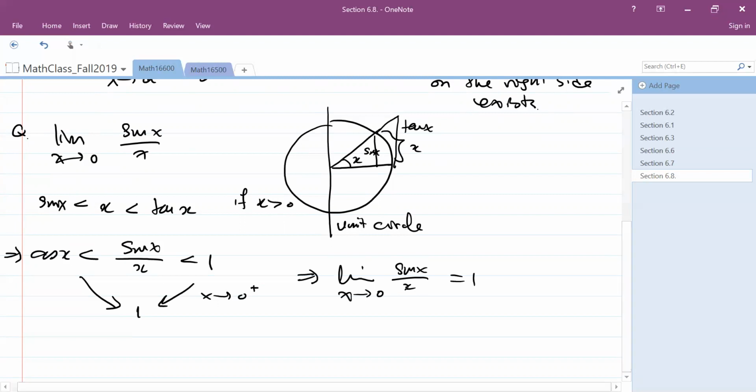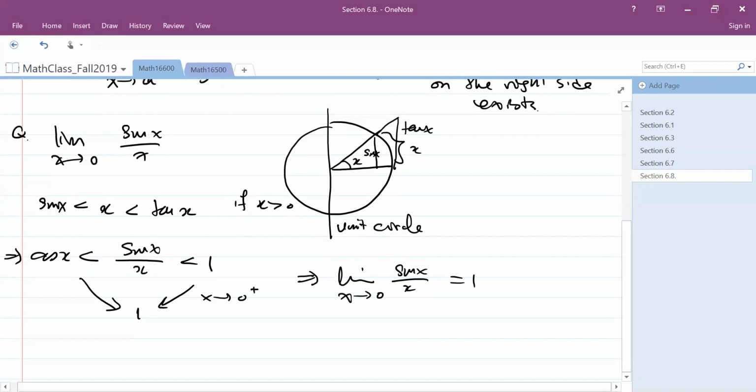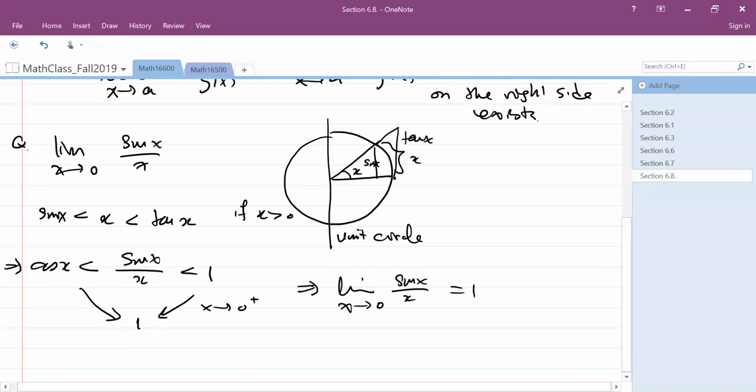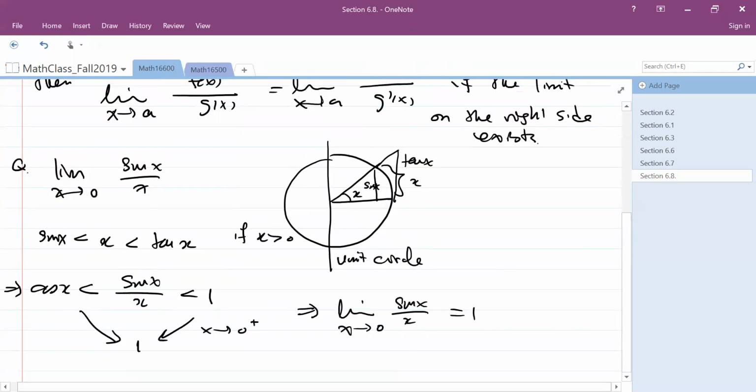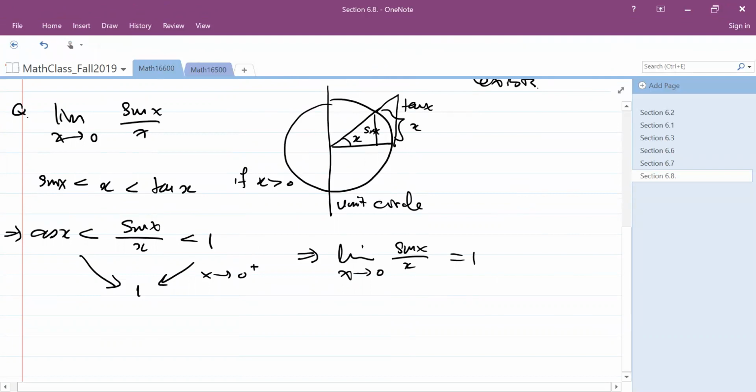But with some more complicated functions, you're probably not able to do it this way. So if you apply the above rule, called L'Hopital's rule, L'Hopital is a French name, you can quickly find the limit.